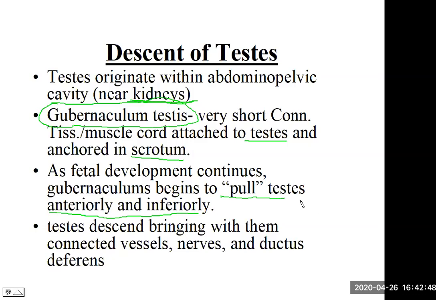And along with the testes, all the connected vessels. So the arteries, the veins, the nerves, the ductus deferens, all of the connected vessels. And collectively, all of these vessels are known as a spermatic cord.